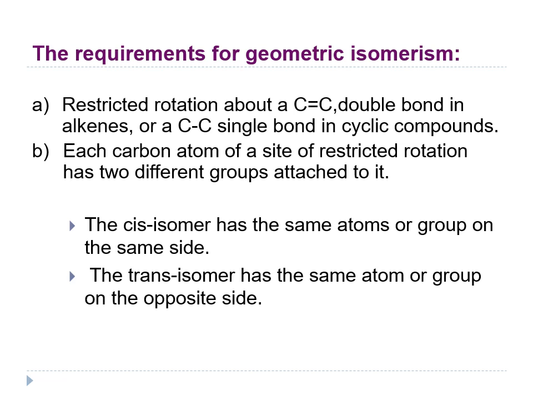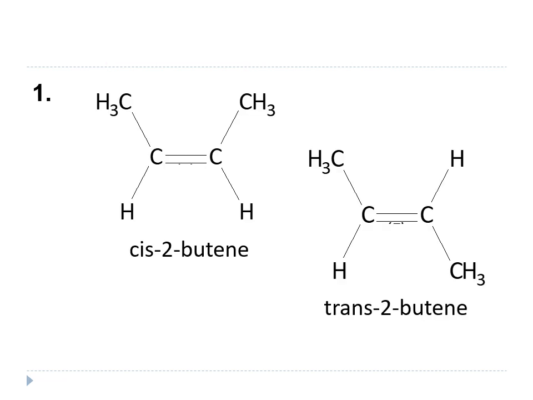Cis isomer has the same atoms on the same side, whereas trans isomer has the same atoms on the opposite side. Let's look at example 4.8, number 1, on 2-butene. As you can see, the restricted carbon is carbon number 1 and carbon number 2. And then each of the carbon has a different group attached to it.